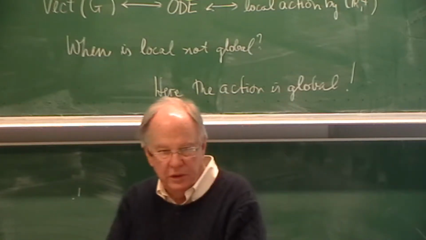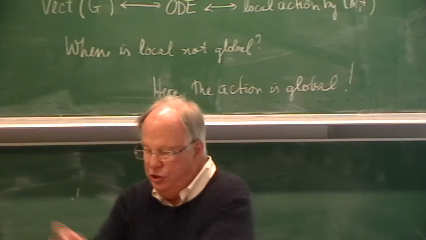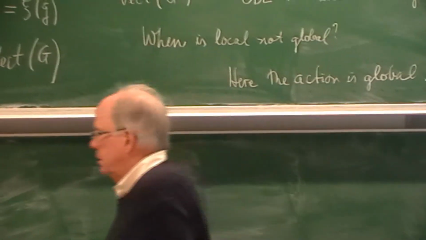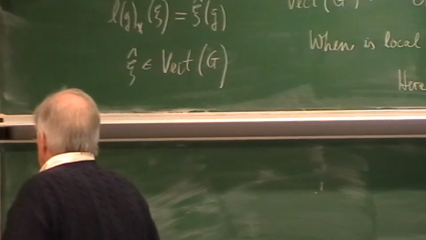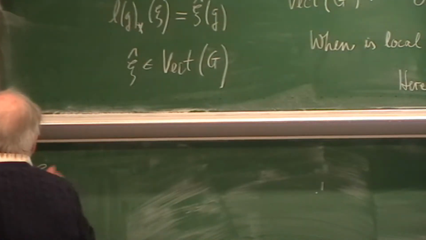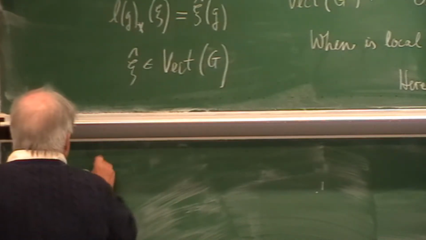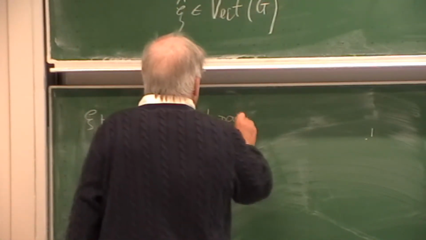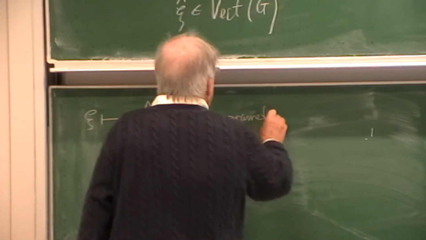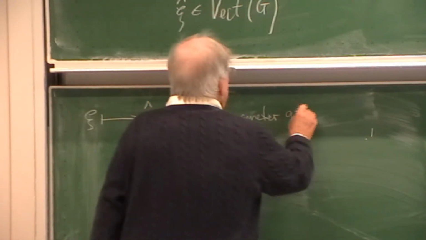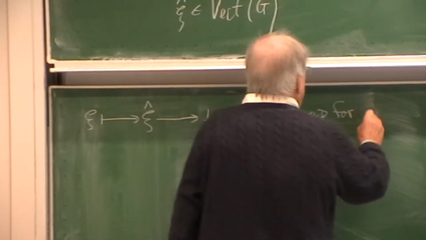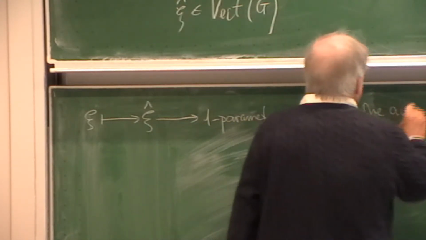Check. Just because the action here is just g times the action there. Okay. So xc gives you xc hat and gives you a one parameter group for the action of xc hat.